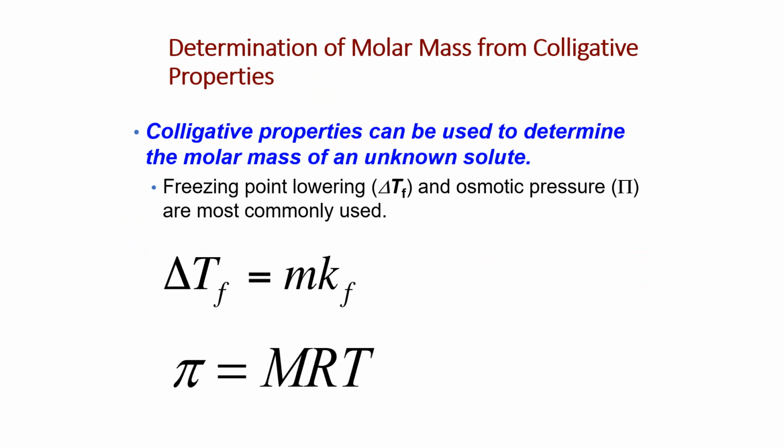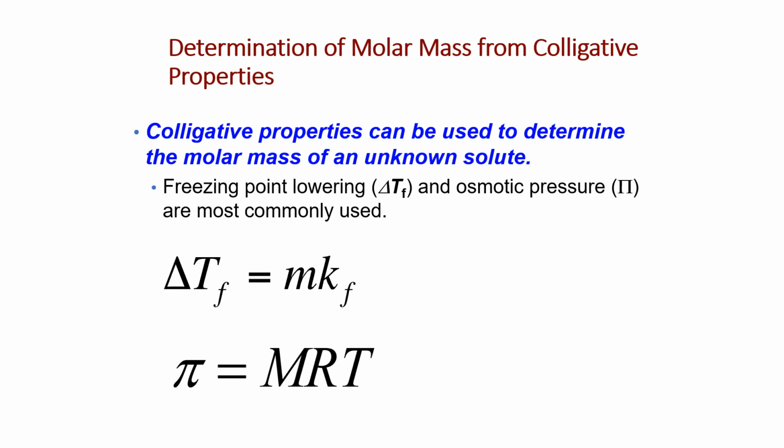All right, and so the way we're going to use this in lab is determining molar mass from these colligative properties. So we're going to look at a freezing point. We could also do this with osmotic pressure, but we're going to do a freezing point. We can tell what the freezing point of a material is with nothing in it, right?